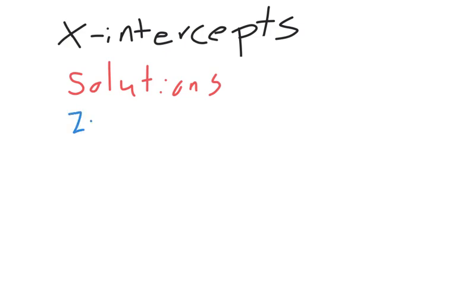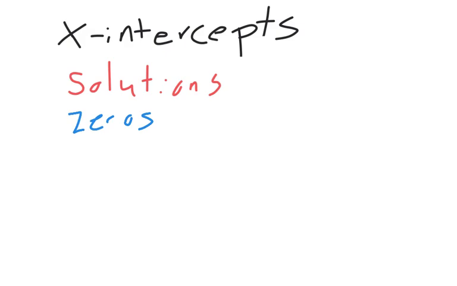We sometimes call them the zeros. That one I rarely use, but your book may use it. A multiple choice test like the ACT may use it. Why do you think we call them the zeros? Because the y value is 0. It's where it crosses the x-axis. It could be called zeros.